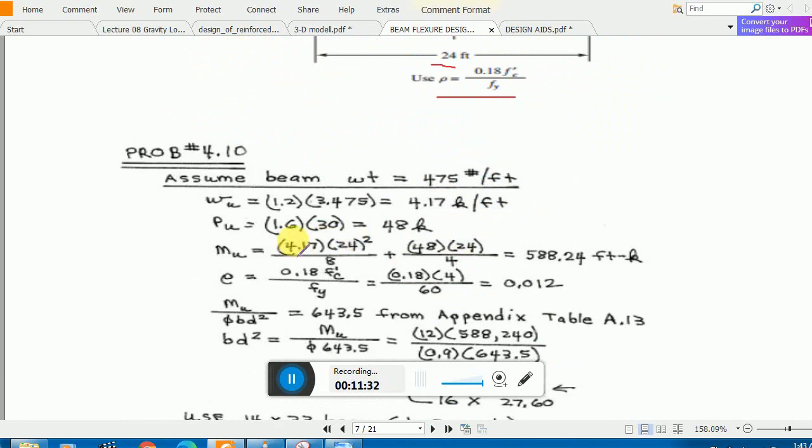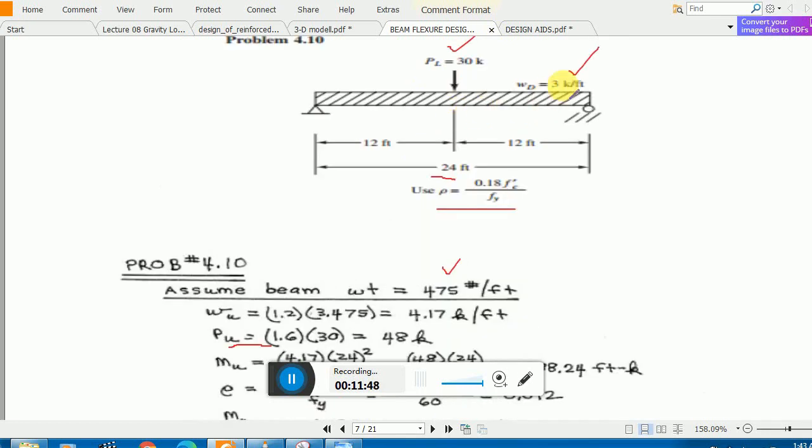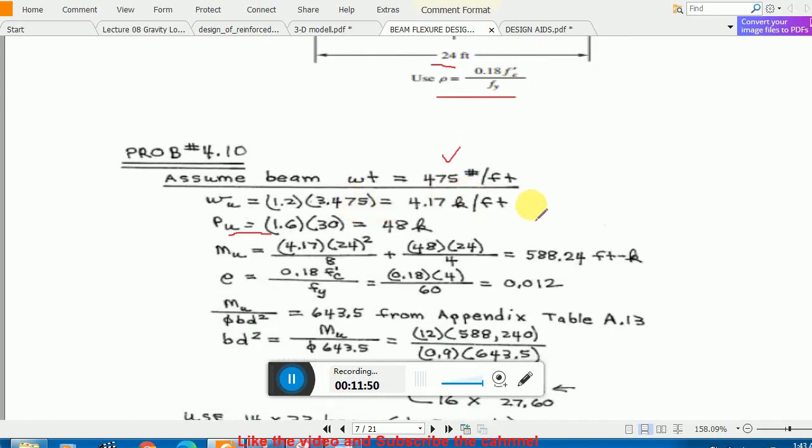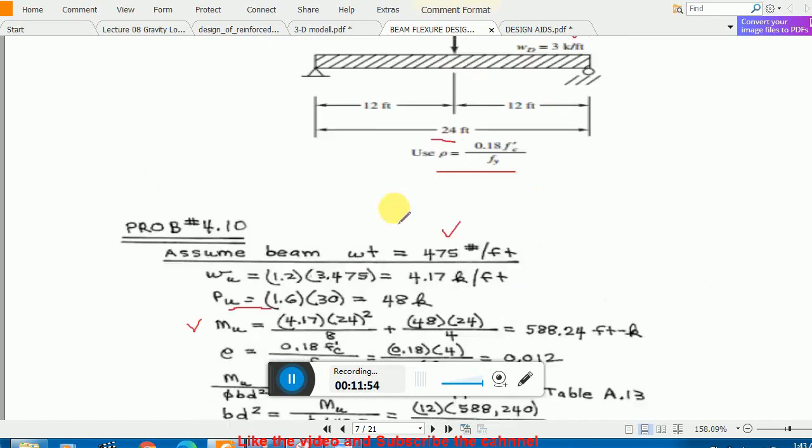Only you have to, Pu value will be 1.6 times this, your live load. Here I am using 475 pounds per foot as the dead weight of the beam. I am assuming. Then I add this weight into the 3 kip, so I got 3.47, and here you have to calculate your moment.